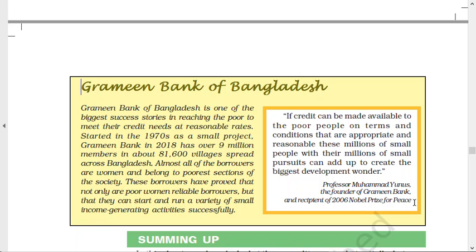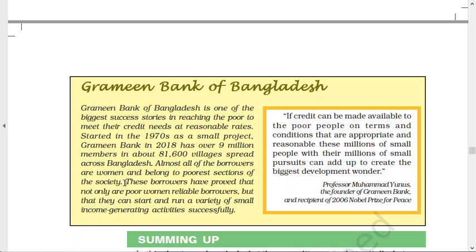Of course, it changed the life of millions of women, or you can say millions of families in Bangladesh, right? So it says Grameen Bank of Bangladesh, one of the biggest success stories in reaching the poor to meet their credit needs at reasonable rates. Started in the 1970s as a small project, Grameen Bank in 2018 has over 9 million members in about 81,600 villages spread across Bangladesh. Almost all of the borrowers are women and belong to the poorest section of society.